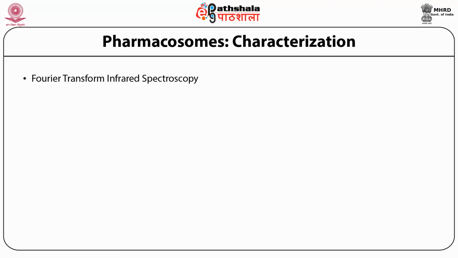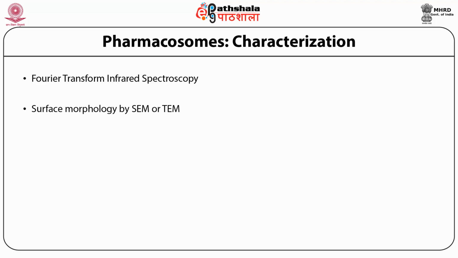Fourier transform infrared spectroscopy is an important analytical tool for evaluation of stability of pharmacosomes. Stability can be assessed by comparing the spectra of the complex in the solid form with its microdispersion in water after lyophilization at various time intervals.